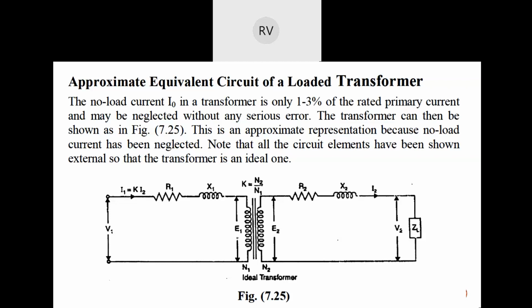Whenever you are representing these values R1, X1 and R2, X2 externally, then the thing in between these values is an ideal transformer. You have an ideal transformer along with R1, X1 and R2, X2. That is, whatever the external resistances or impedances are there are being shown separately such that the transformer is an ideal one.